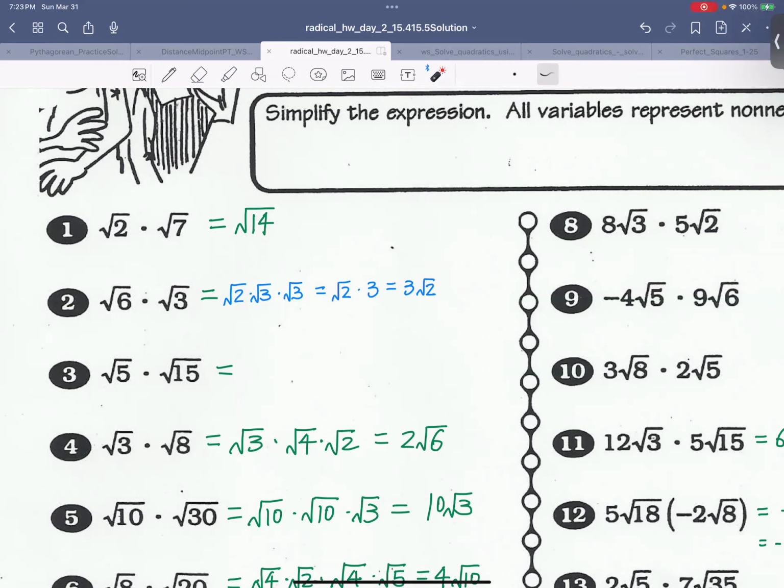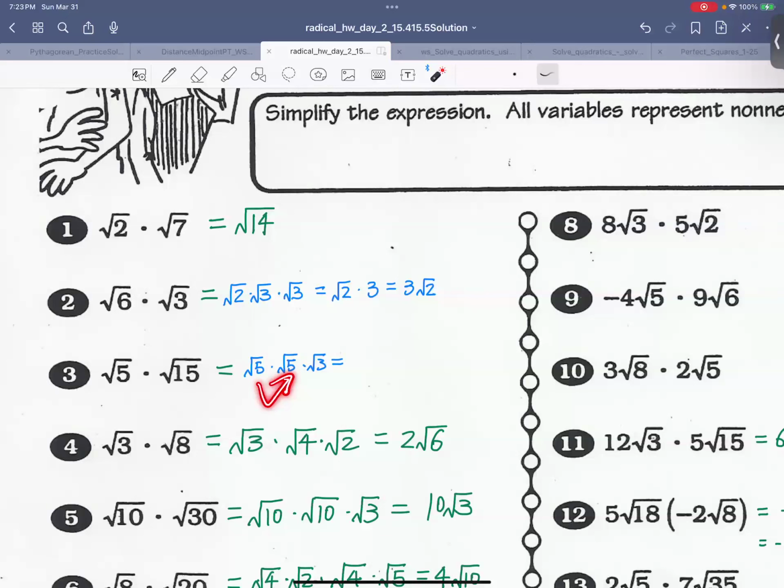Now, look at the next one. Use the same method as number 2. You can change this to be what? 3 and 5. So you do square root of 5 times square root 3. Did you see this guy repeat? So what do you do?